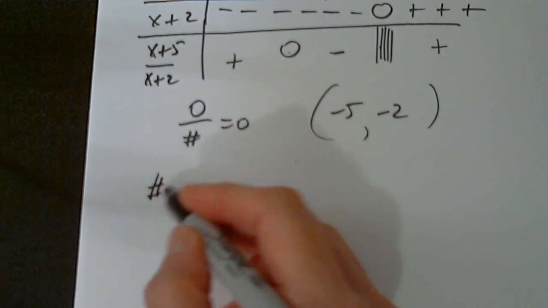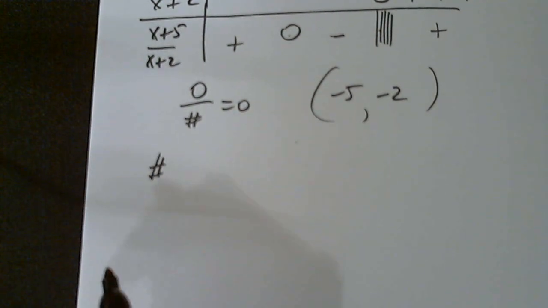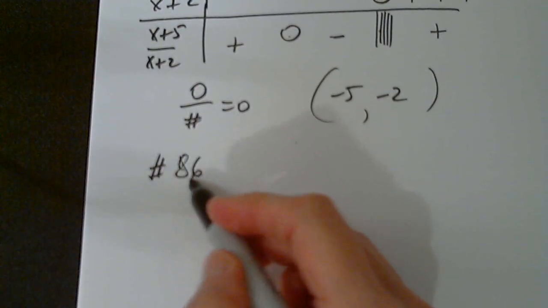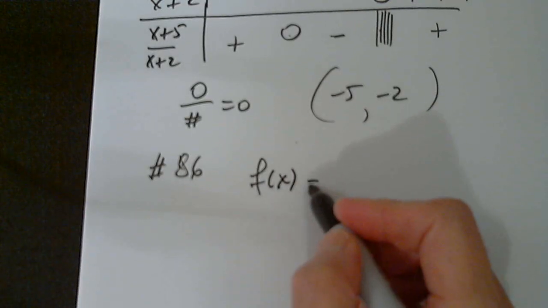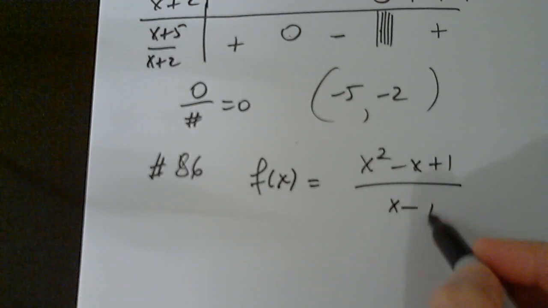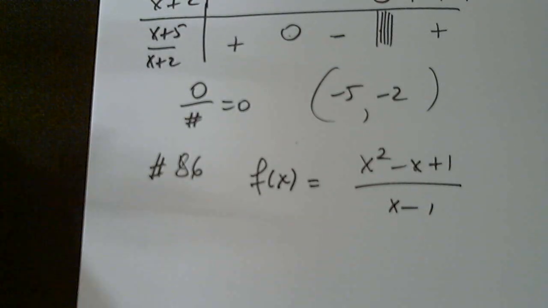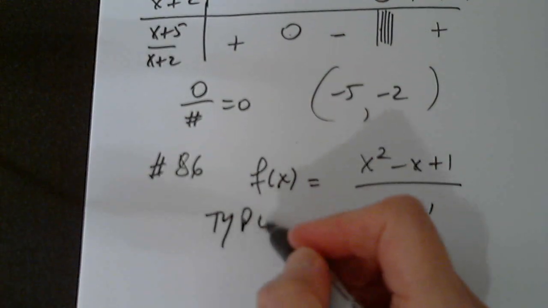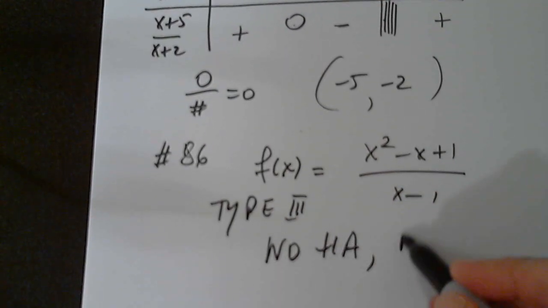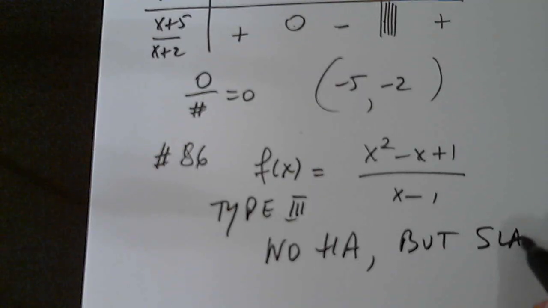Which number? If you don't choose, I will. 86. Perfect. 86, f of x equals (x squared minus x plus 1) divided by (x minus 1). This is indeed type 3. No horizontal asymptote, but slant.